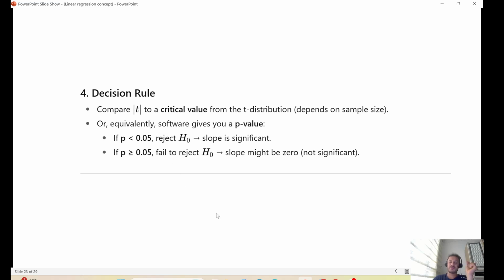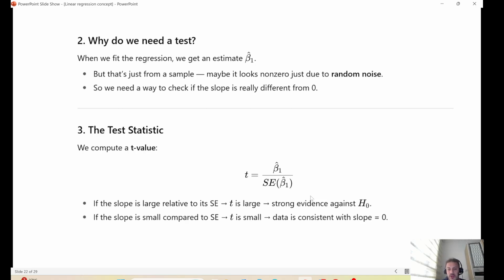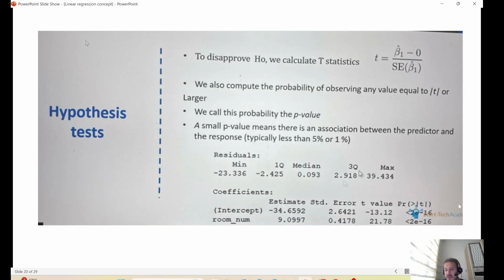Reject H0 means reject the hypothesis that beta 1 equals 0. If the p-value is greater than or equal to 0.05, fail to reject H0, which means the slope might be 0, not significant.